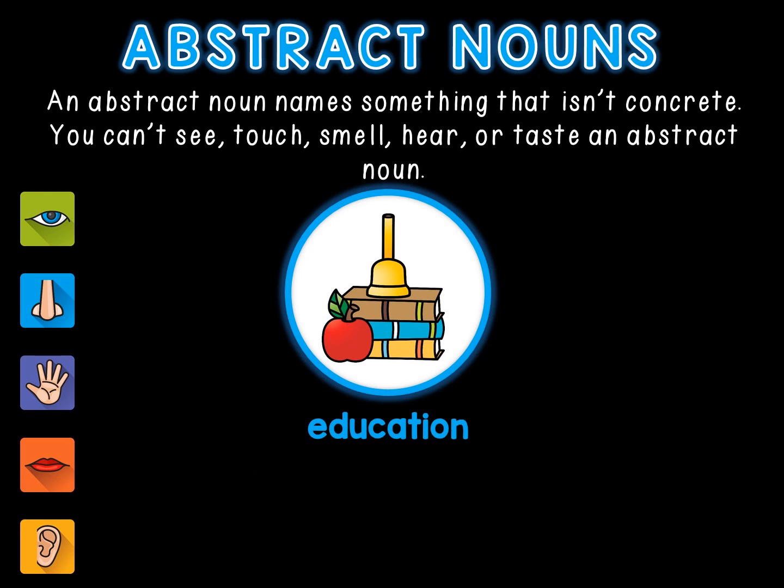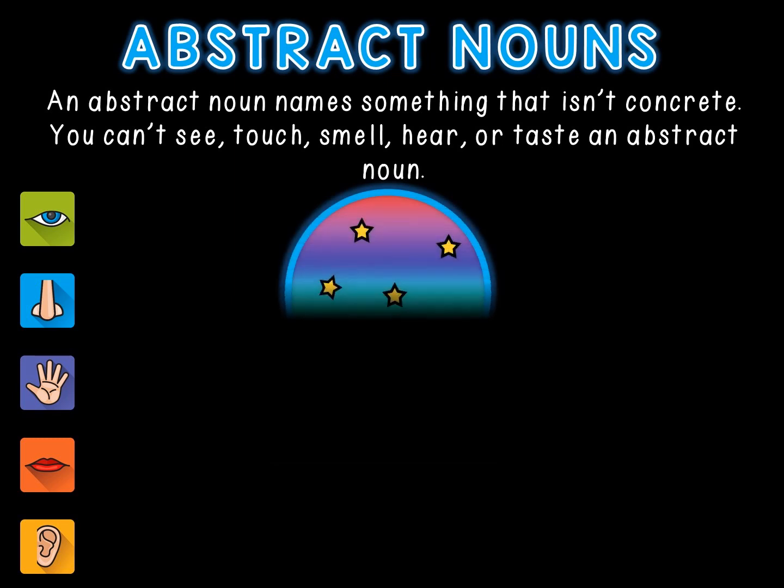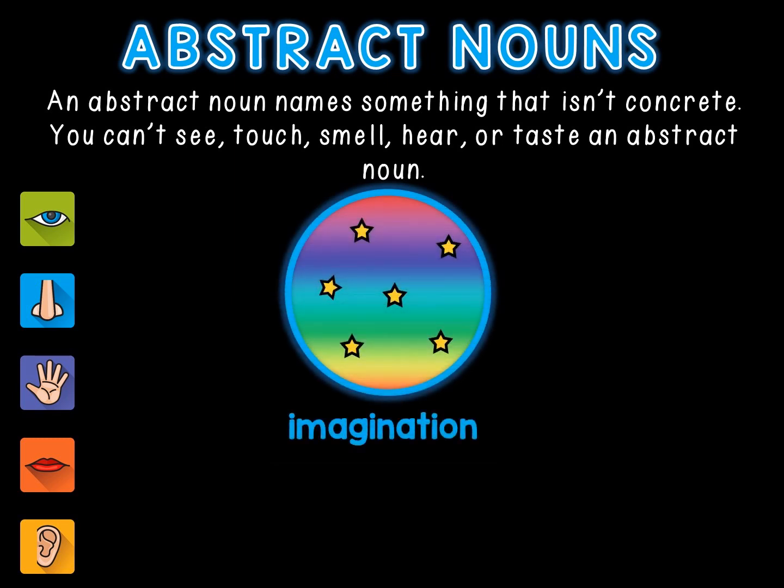Education. I can't see it, I can't smell it, I can't feel it, I can't taste it, and I can't hear it. So it has to be an abstract noun. Imagination. I can't see it, I can't smell it, I can't feel it, I can't taste it, and I can't hear it.